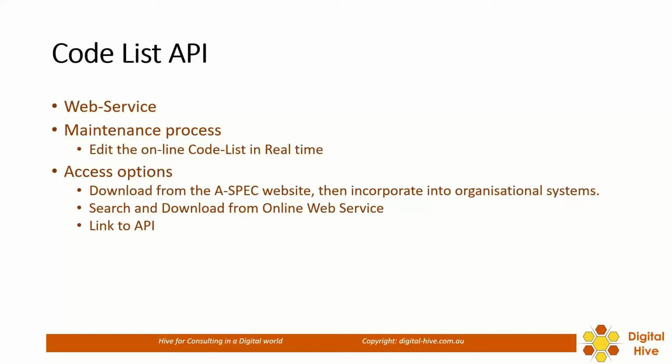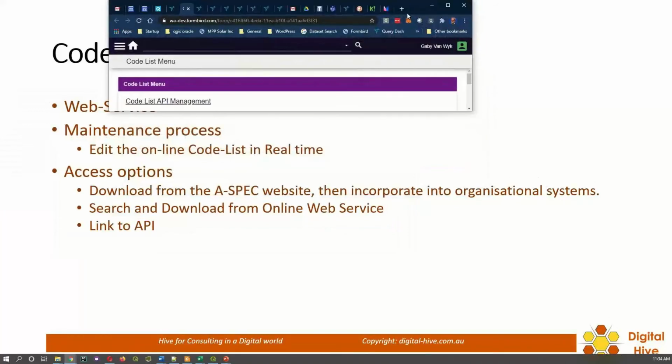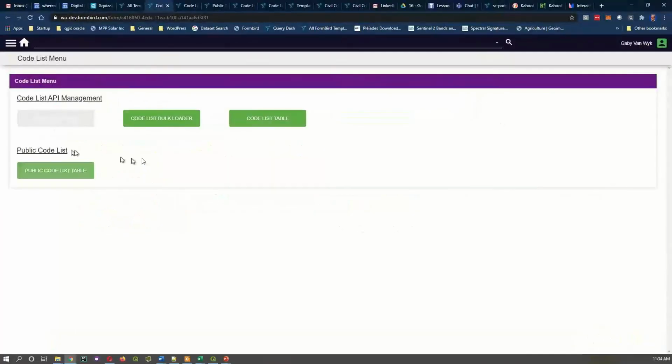So I just want to drag that across to my screen. All right. So the Codelist API has actually a number of web services associated with it, with a bunch of data that sits in the background. There is a generic Codelist form which will allow us to capture code lists.